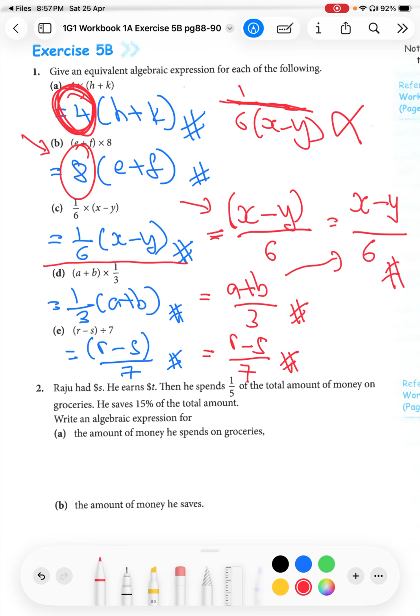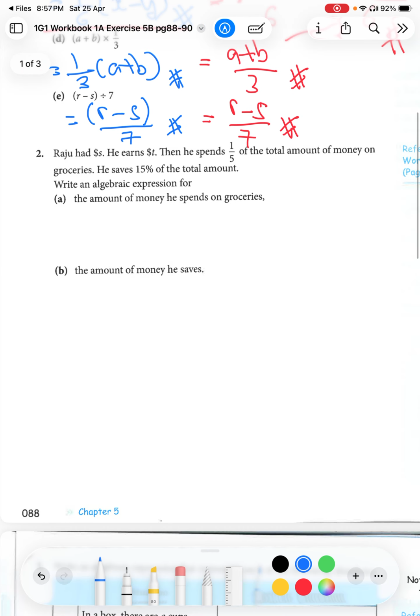Okay, question 2. Raju has S dollars, he earned T. He spent 1/5 of the total amount of money on groceries. Then he spent 15% of the total amount. Write down an expression for the total amount of money he spent on groceries.